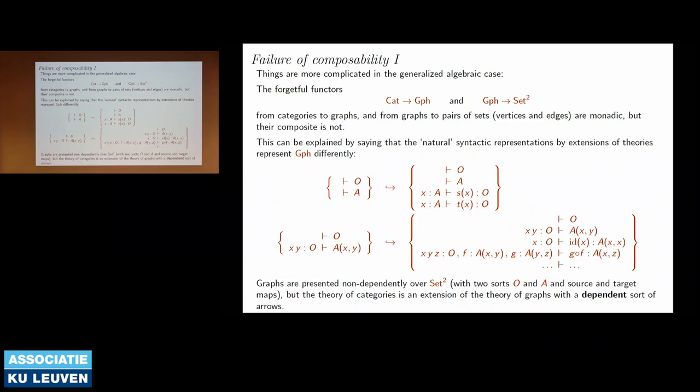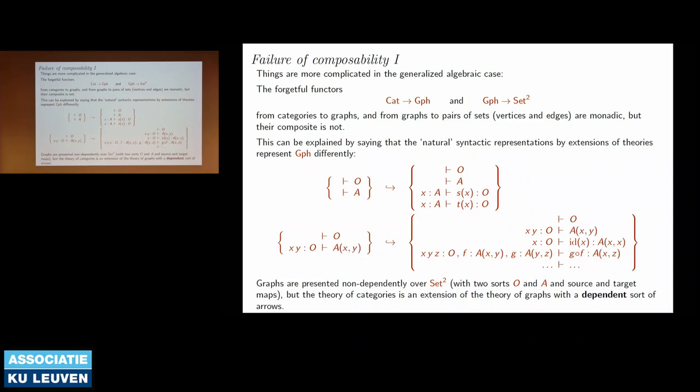So one way to understand what is going wrong is that if we think about this forgetful functor as corresponding to an extension of theory, then Set squared is the theory with two sorts, no operations, and then to go to graphs, we add two operations, namely source and target.